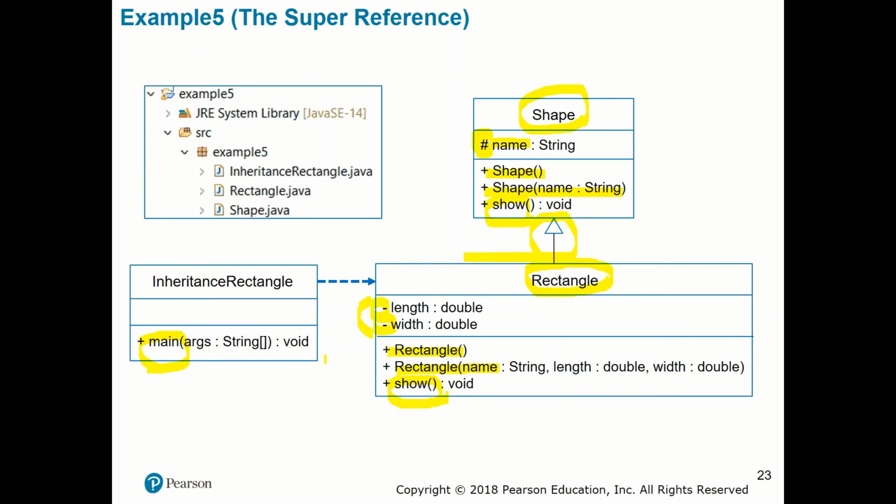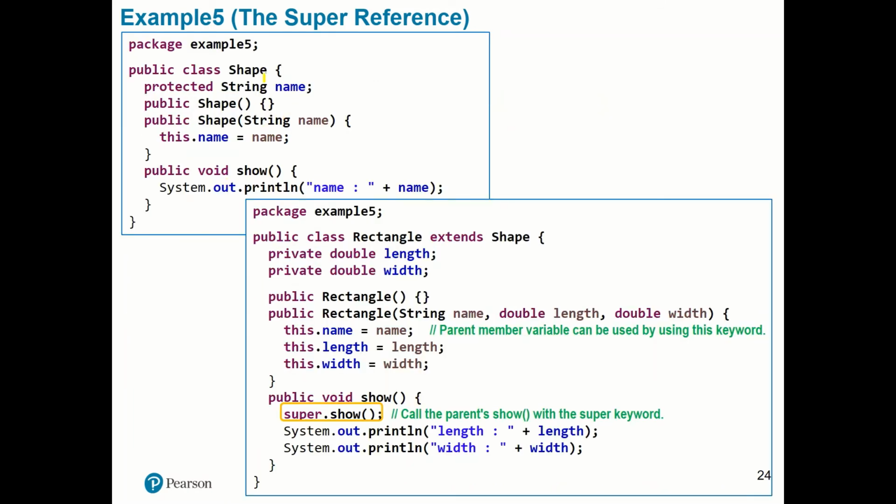Let's make a code based on this UML diagram. The shape class has a protected member string name, two constructors like this, and a show method. And the rectangle class extends shape. This means that the rectangle class can use name and show inside here. The rectangle class has two private member data, length and width.